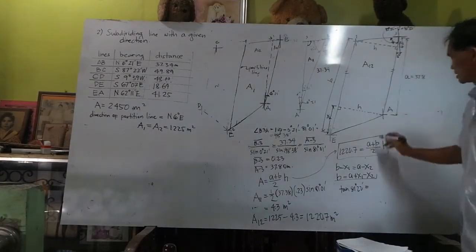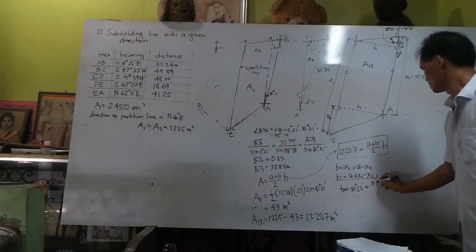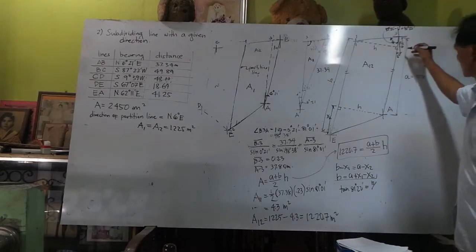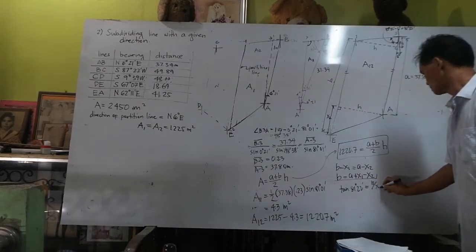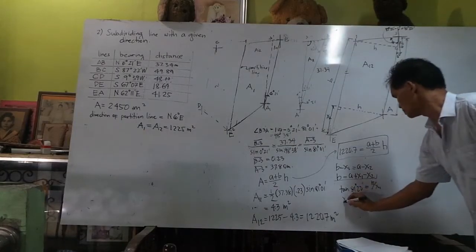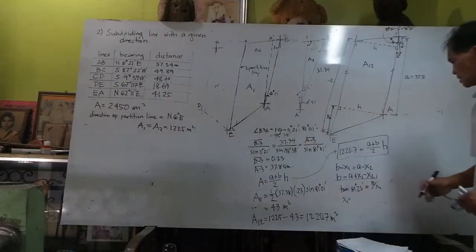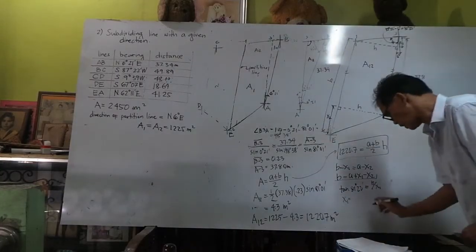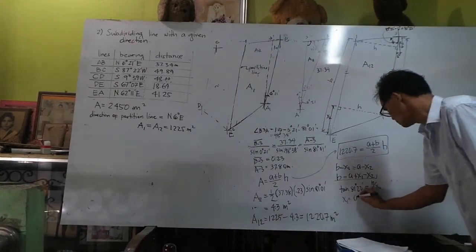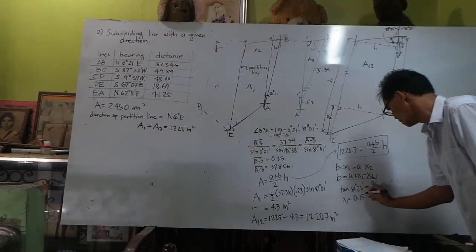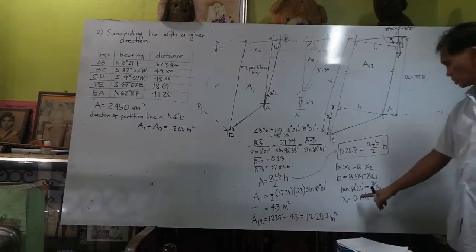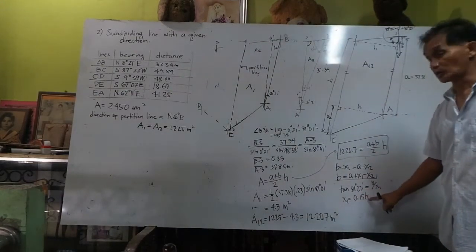So it is equivalent to h over x1. So that x1 is just equal to h divided by tangent of the angle. So you will have 0.15h. So you have an equation for x1 in terms of h.